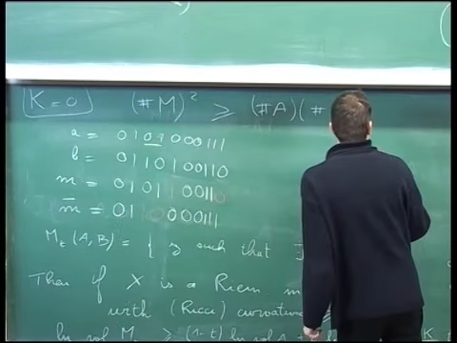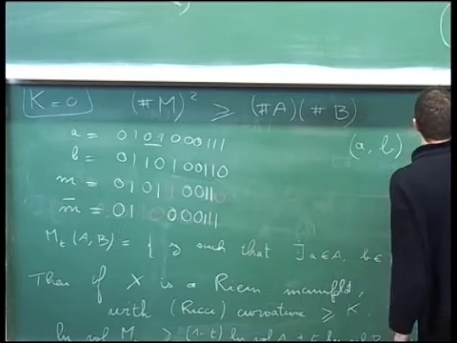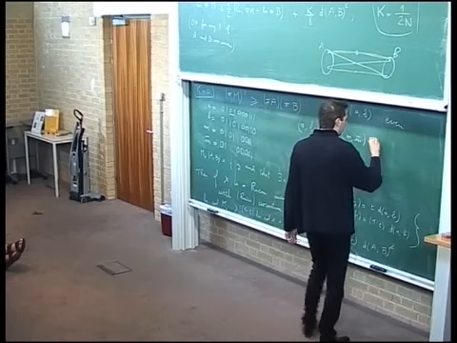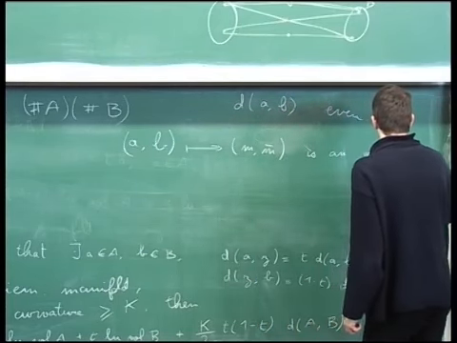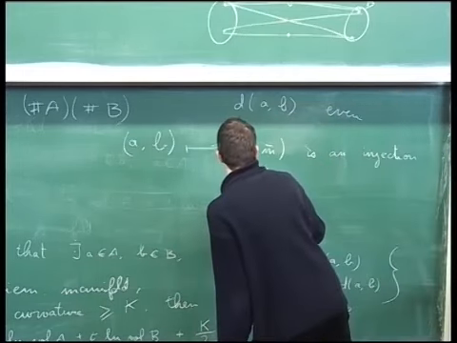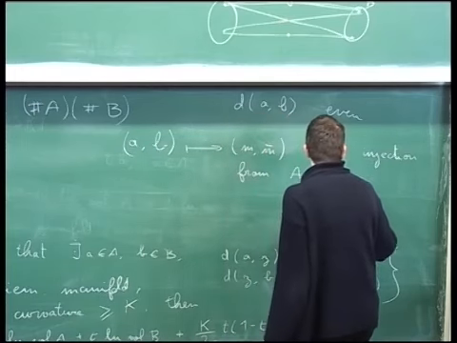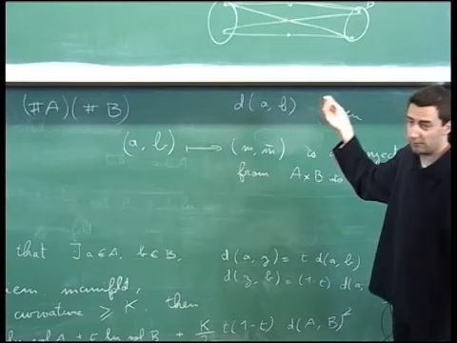So A, B maps to M, M bar is an injection from A times B into M times M. And that's it.